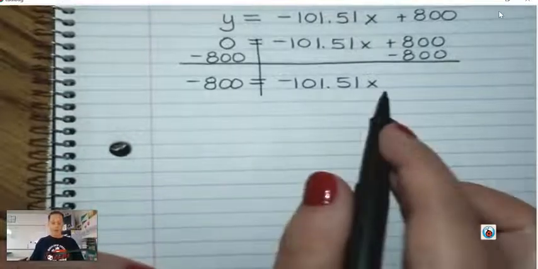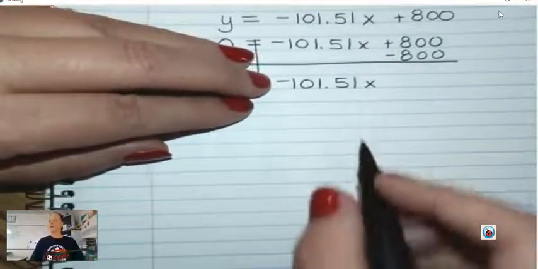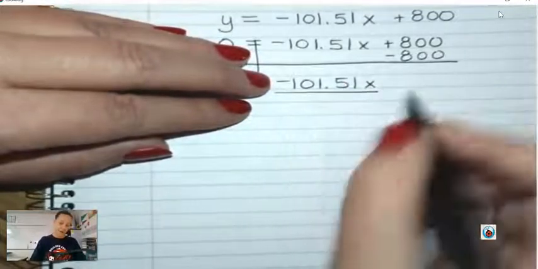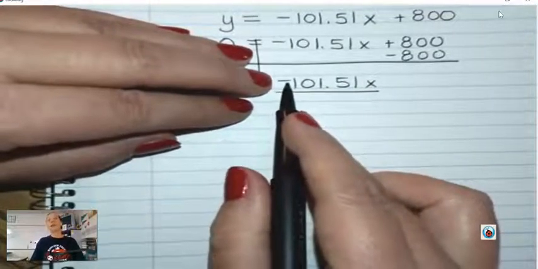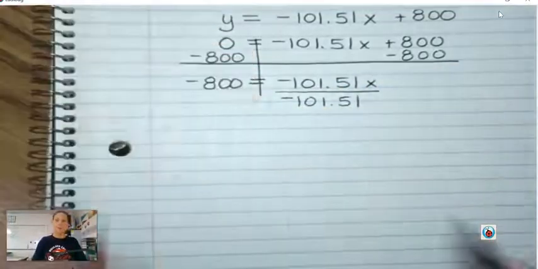Look at the side that has the x. Right now it's multiplying, so to get rid of multiplication, we divide. Don't forget you're dividing with that negative. So divide by negative 101.51, not by positive.